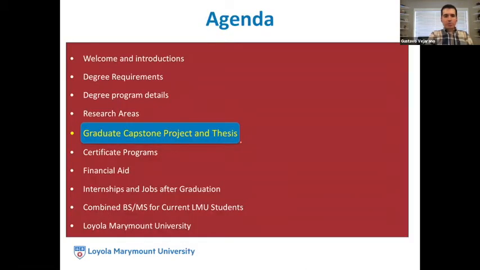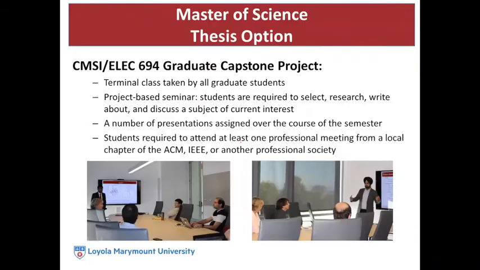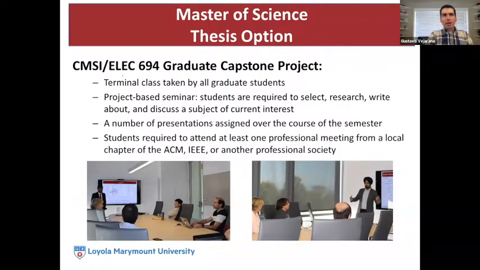So the students are going to take the required courses. They take all the elective courses, and then they are going to do a capstone project or thesis to graduate. Right. So our classes are usually small if you compare them to other institutions, and therefore we try to develop communication skills, oral and written communication skills, in our students.